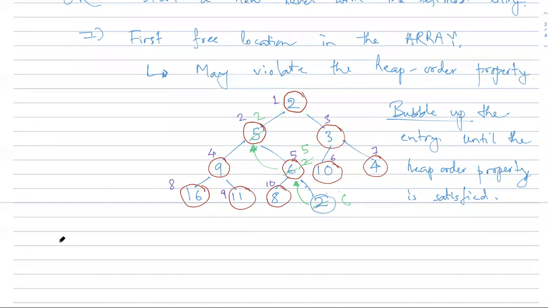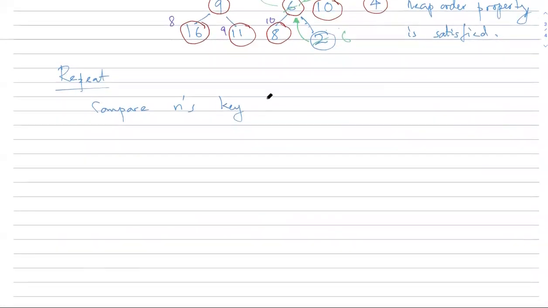So overall, the procedure is that you repeat: compare n's key. So n is the node that we just inserted. So this is our n. Compare n's key with its parent's key.